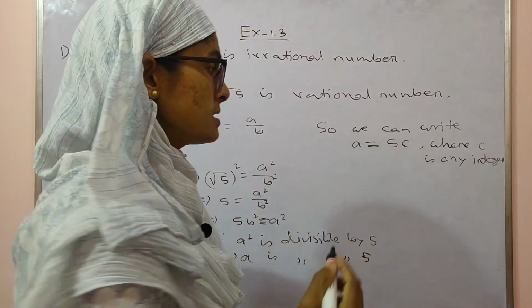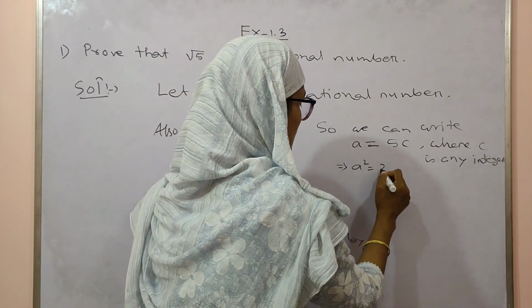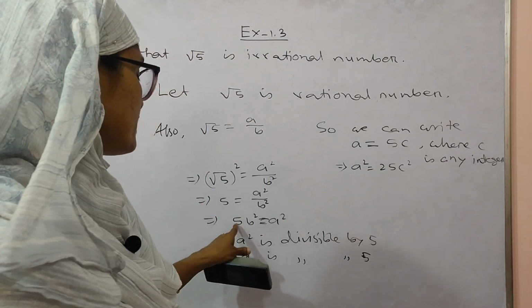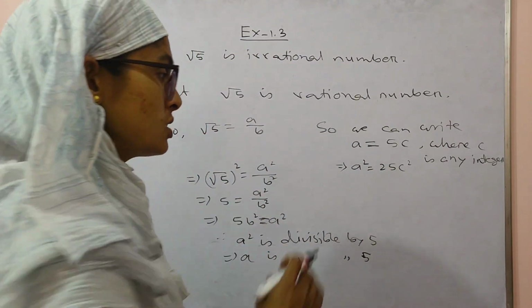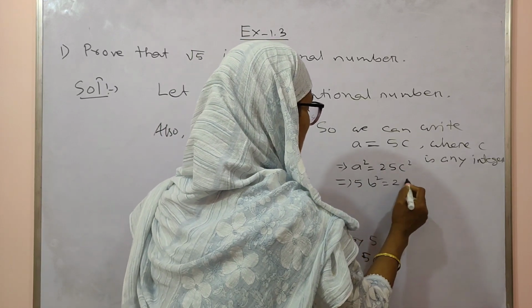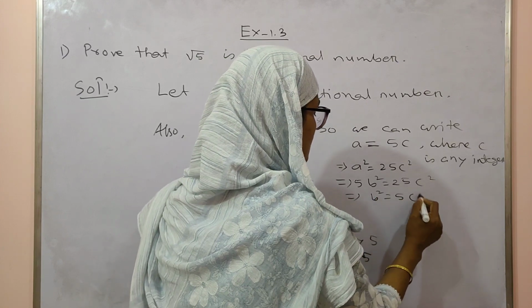Or you can write a square equals 25c square, squaring both sides. And here, given 5b square equals a square, in place of a square you can put 5b square. So 5b square equals 25c square. Or you can write b square equals 5c square.